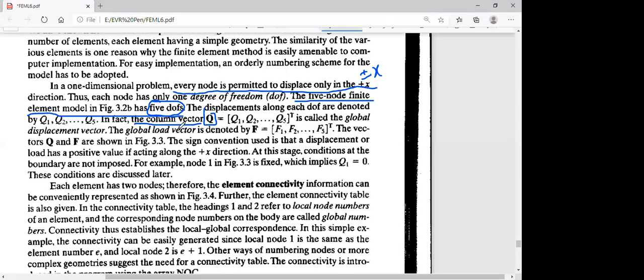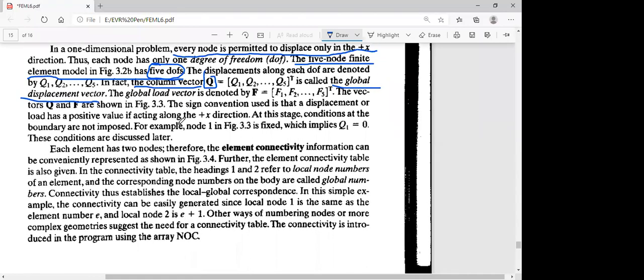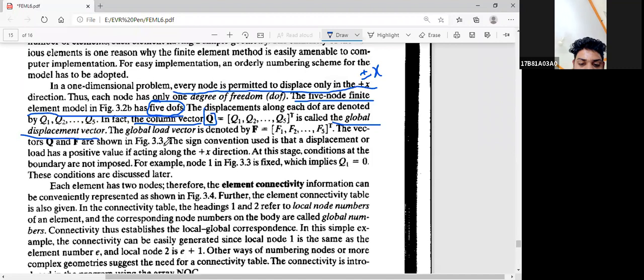This column matrix is known as the global displacement vector.